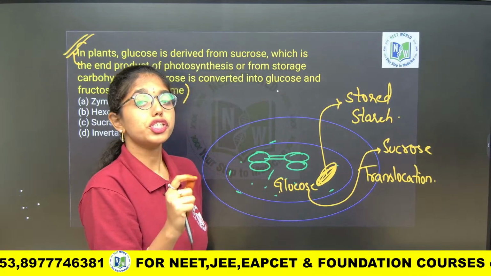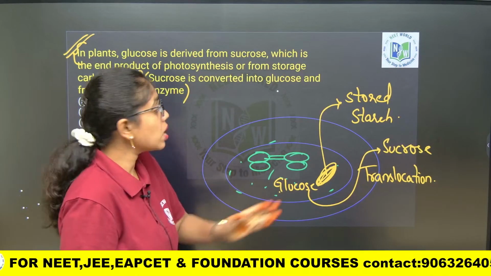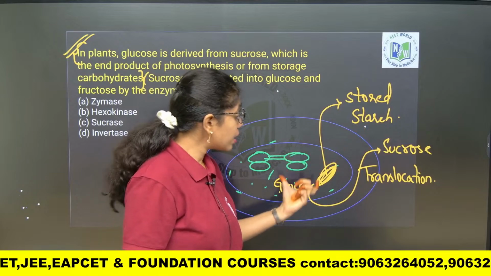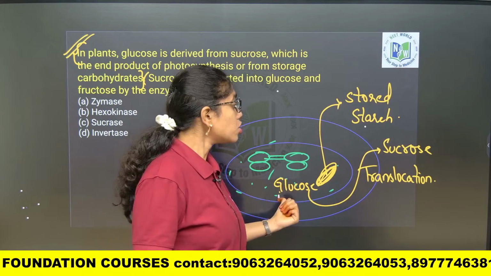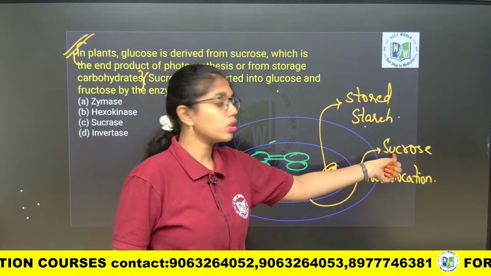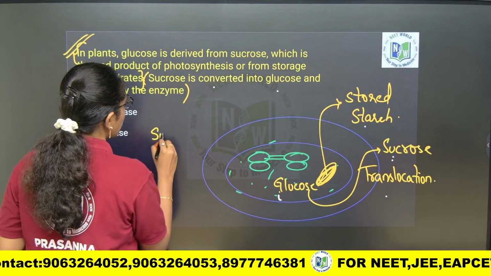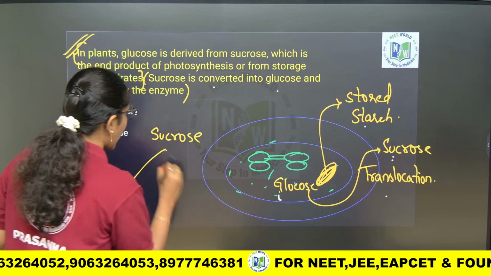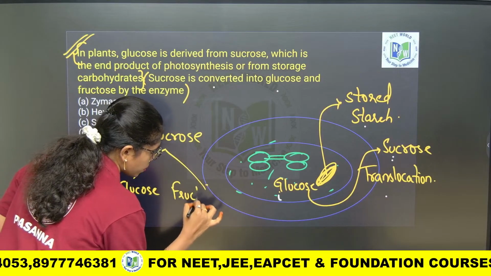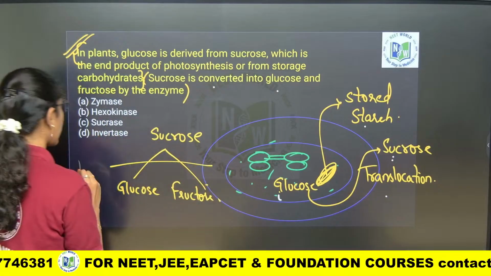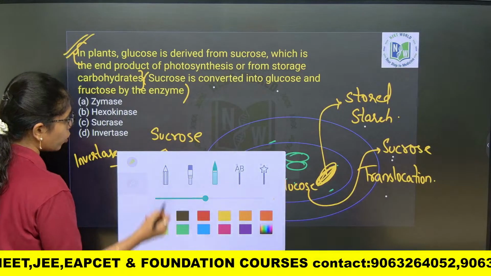Glucose, the primary product of photosynthesis, if it has to be stored, will be stored in the form of starch. But if it has to be translocated for the process of respiration, it will be converted to sucrose for translocation. This sucrose is converted to glucose and fructose by the enzyme invertase. This happens in the cytoplasm.